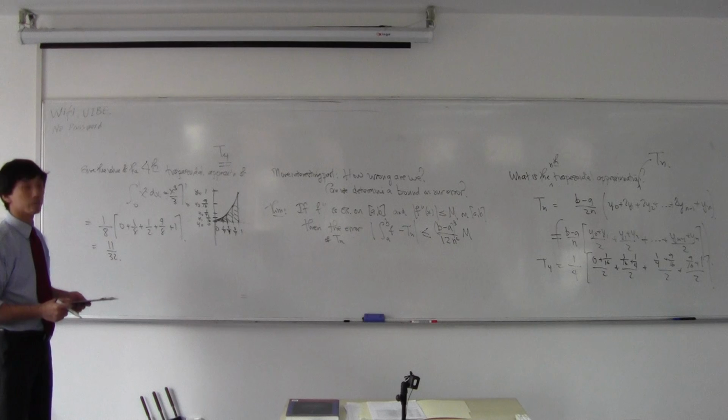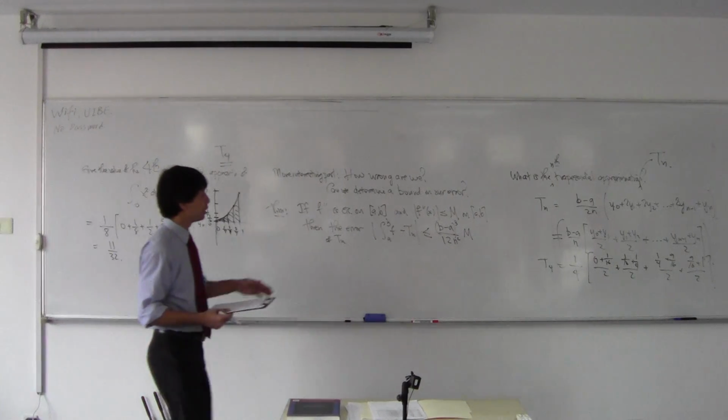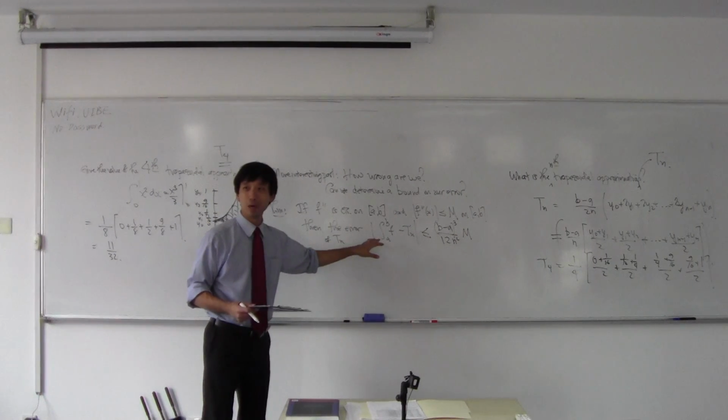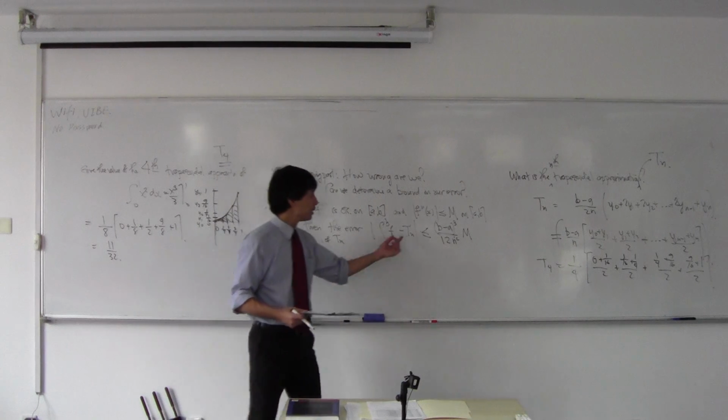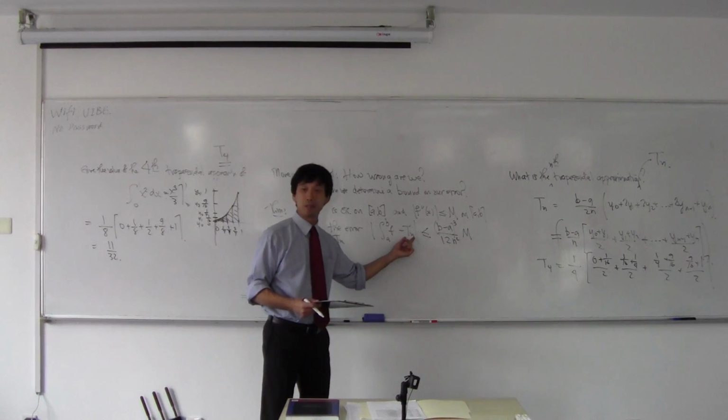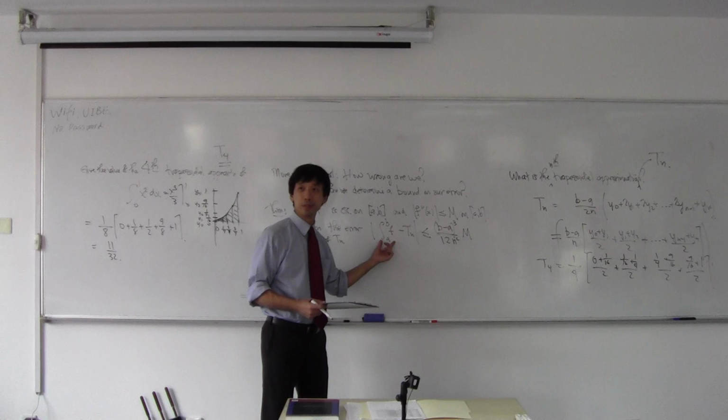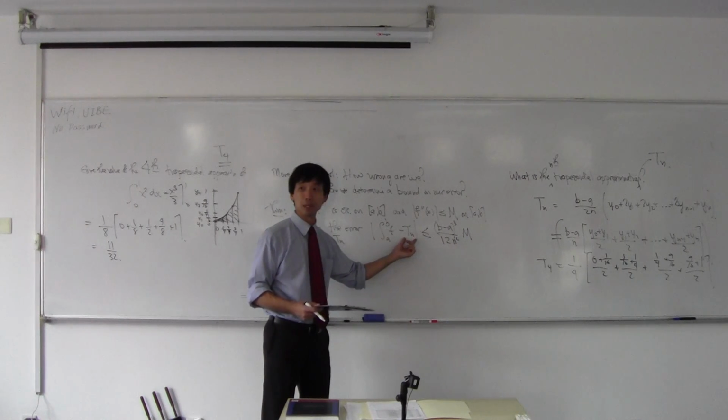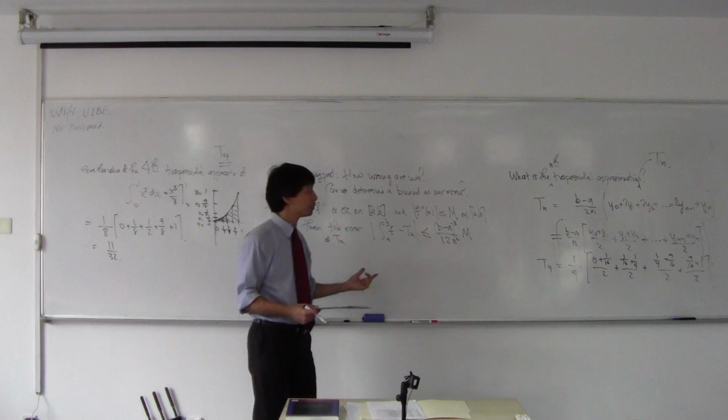The error is how wrong you are. This is your approximation, this is the actual value, so the difference between the actual value and the approximation is how wrong you are.